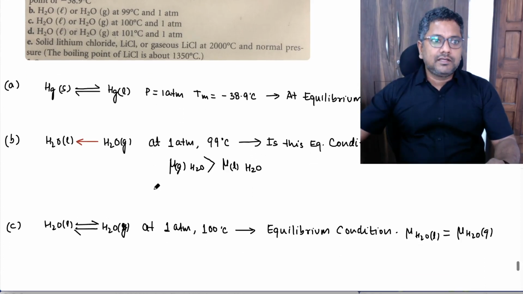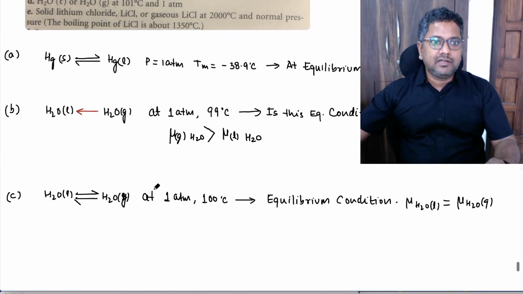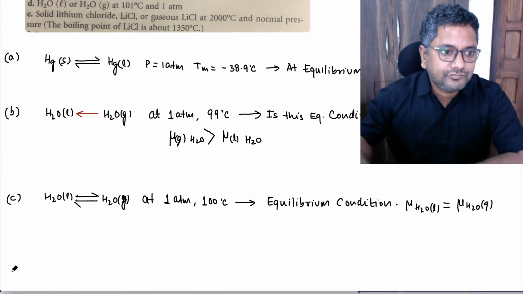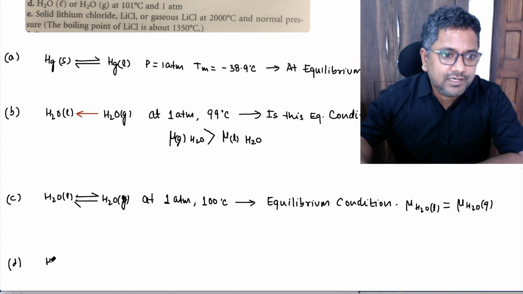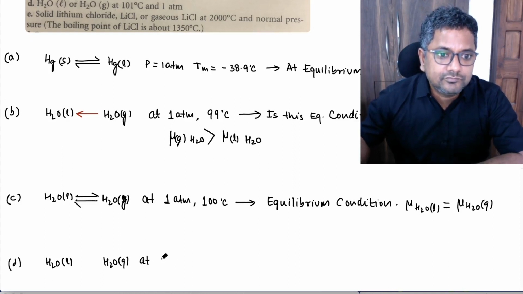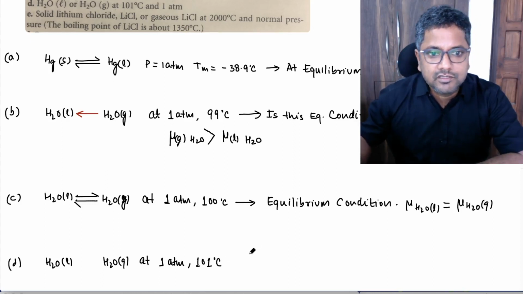One more part is given, part D. What is this? H2O liquid and H2O gas at 1 atm and 101 degrees Celsius. So this is again a non-equilibrium condition.